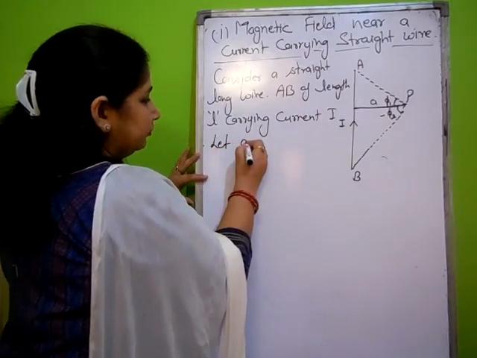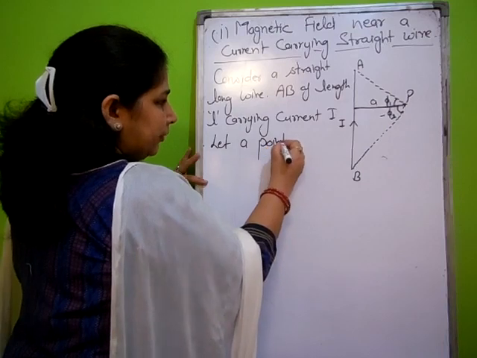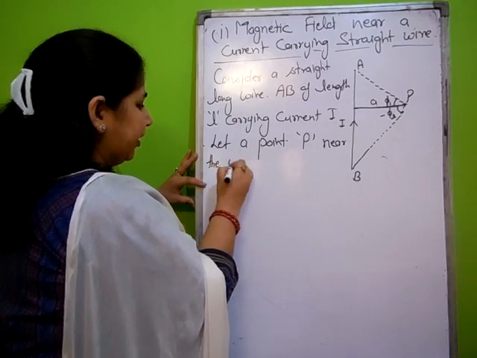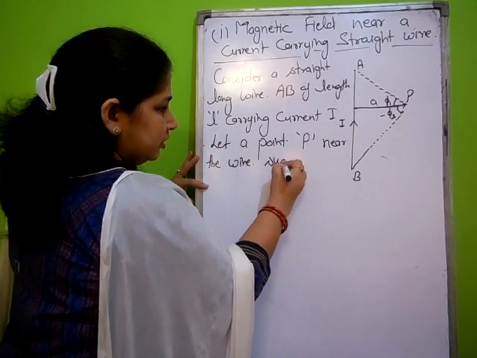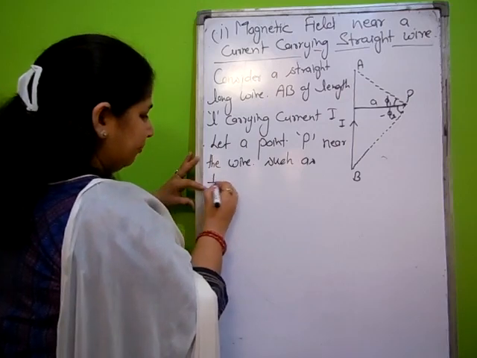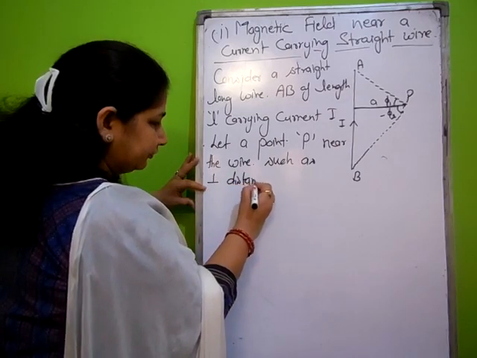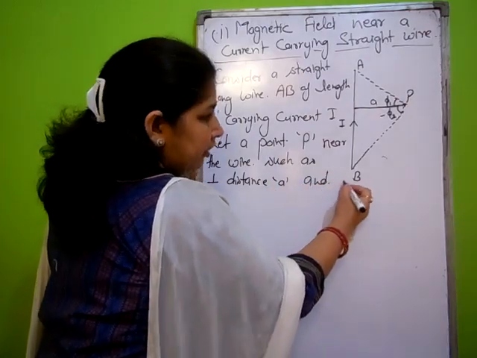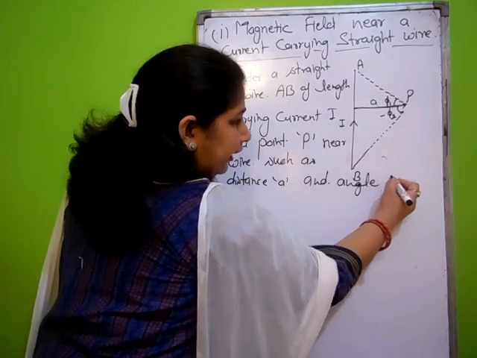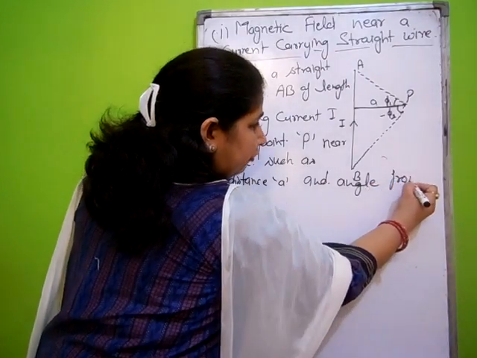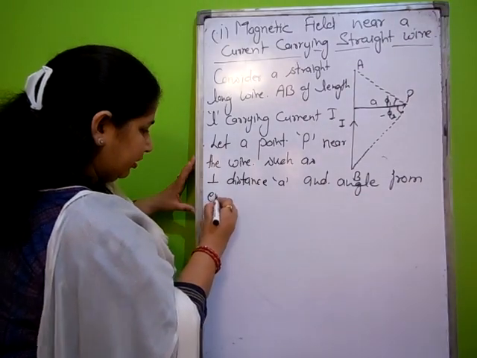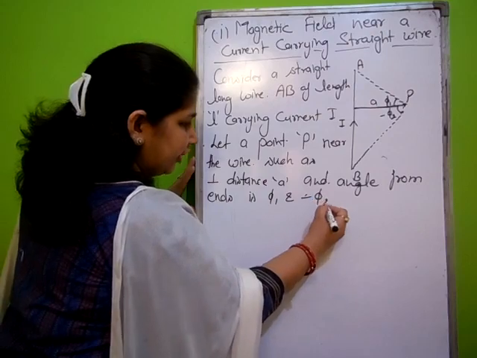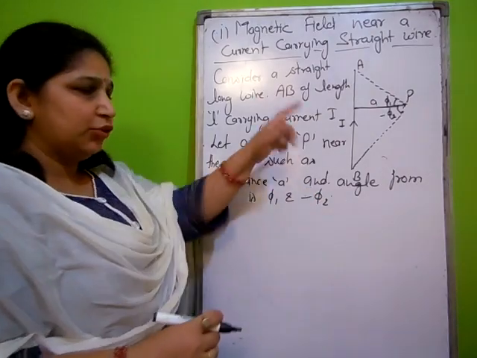Let a point P near the wire be such that the perpendicular distance is a and the angles from the ends are phi 1 and minus phi 2. This we have considered about the point.